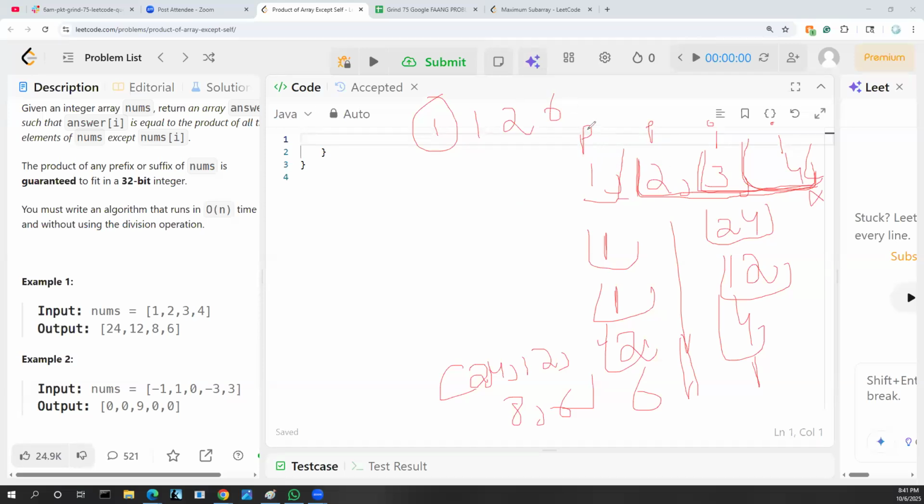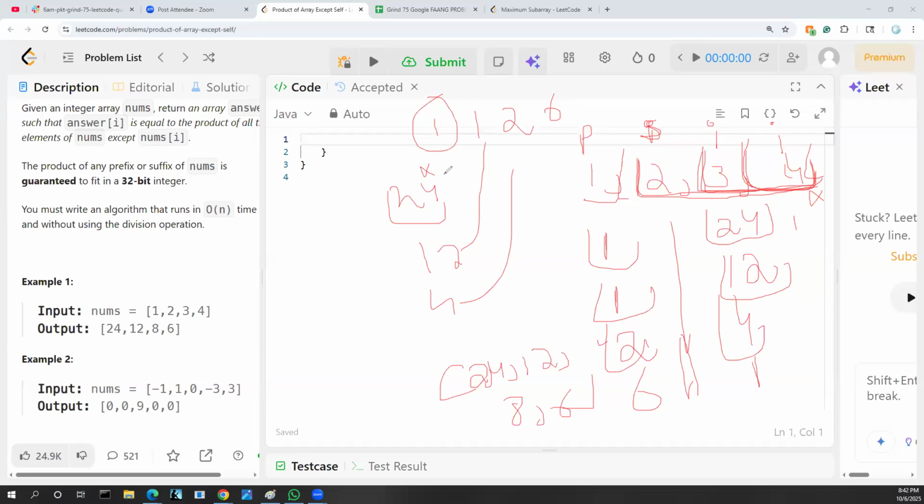Instead of computing the prefix, now think about computing the suffixes. What is the suffix right now? 4 times 3 times 2, 24, right? 24 multiplied by the prefix, it's 24. Now reduce 24 to 12, and multiply 12 by 1. You get 12. Then reduce it further, multiply 4 by 2, 8, right? Reduce it further, you get 1 and multiply by 6.